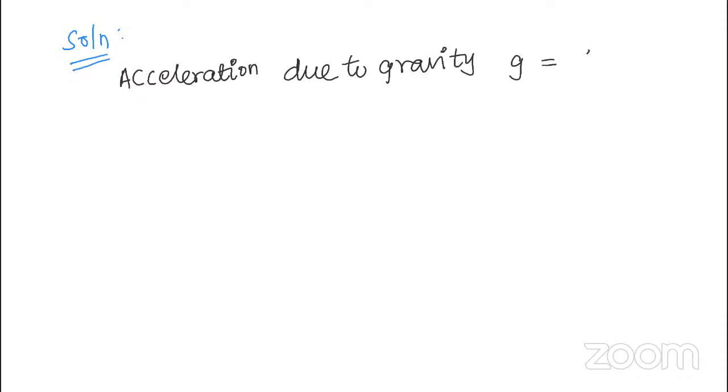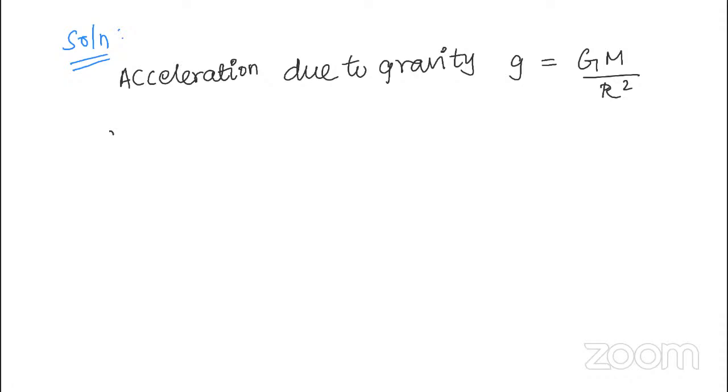Acceleration due to gravity, g is equal to G into M by R square. At the start of the class we have to write the 4 formulas, no? So this is the first formula, right?